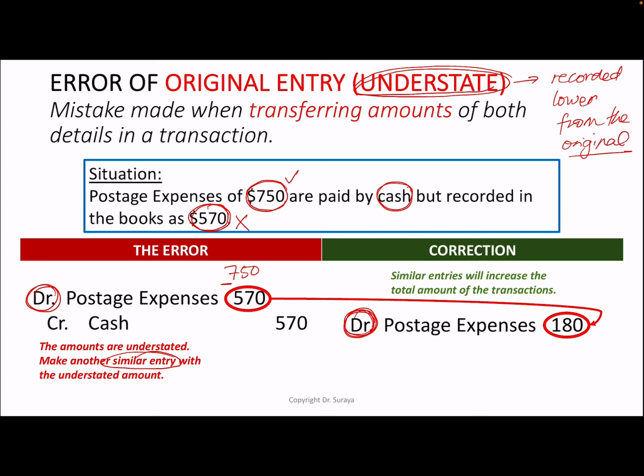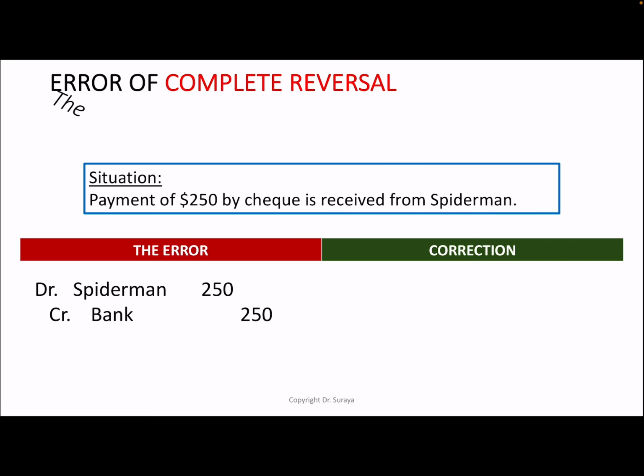So debit and debit means plus. So 570 plus 180, that equals 750. Same thing with cash, right? 570 add with 180, and then you will get 750. So now your postage expense will be 750 and your cash is also 750 in total. Done. Now let's look at the next one.